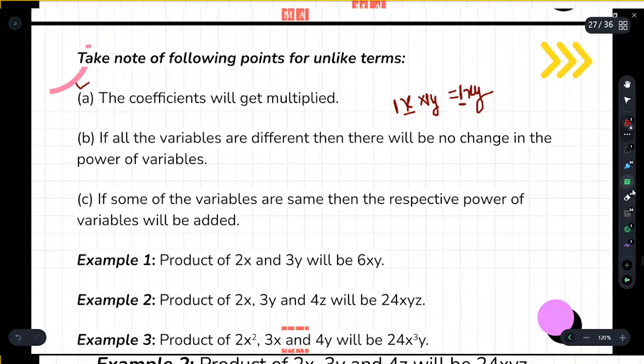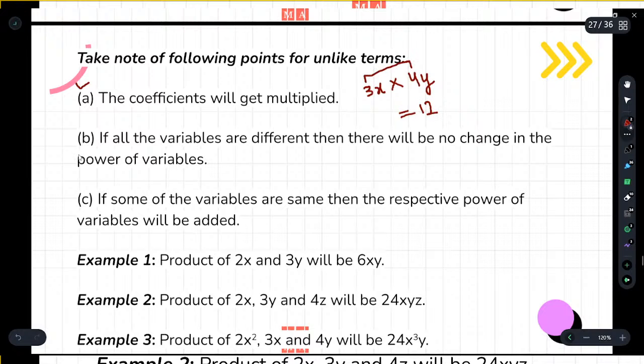Another example that I can take for it is, suppose it is 3x into 4y. Now how do I do it? With my first step, I multiply the coefficient, right? 3 into 4 is 12.